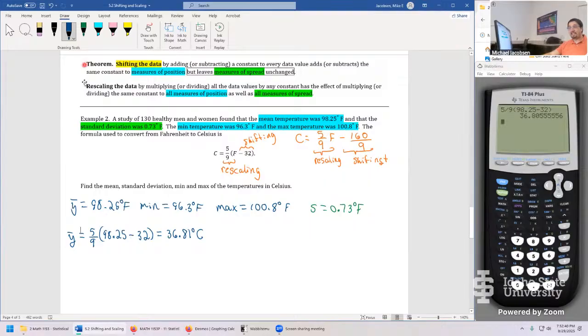So far, it feels like these ideas are not a big deal because we're just using the total formula. And that'll be the same for the min and the max. That's just because they're measures of position and the whole formula is affected for those. So another run, min is 5/9. The minimum was 96.3 minus 32.